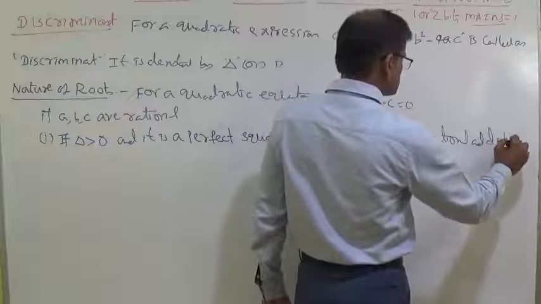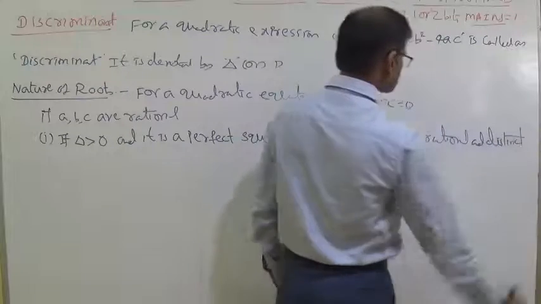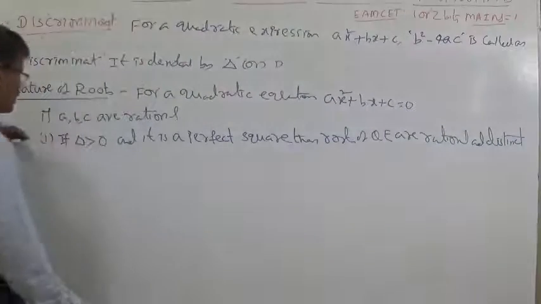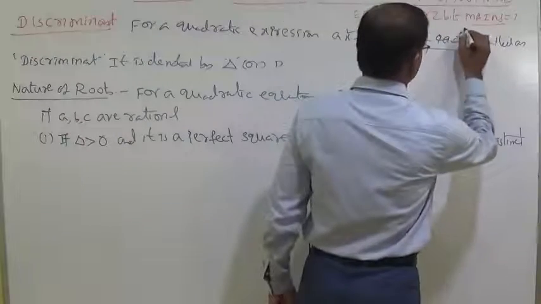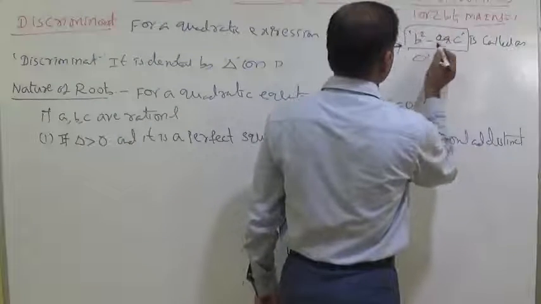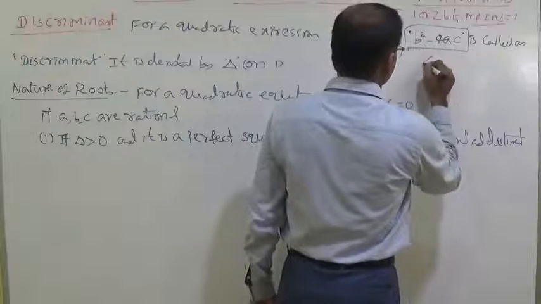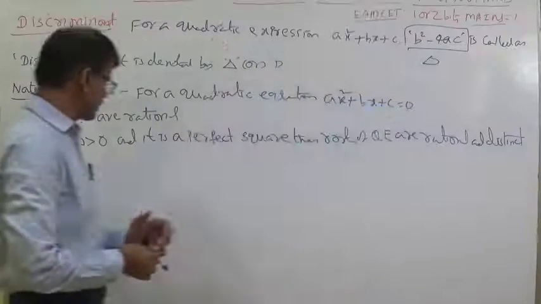Rational and distinct. Whenever delta, this notation, b square minus 4ac is the delta. Whenever delta greater than 0, and it should be perfect square.